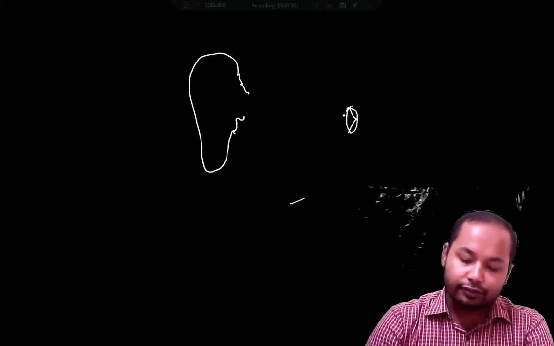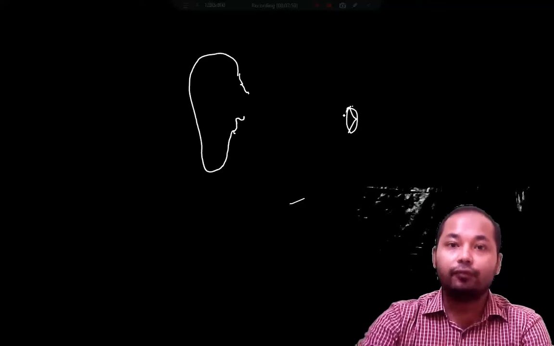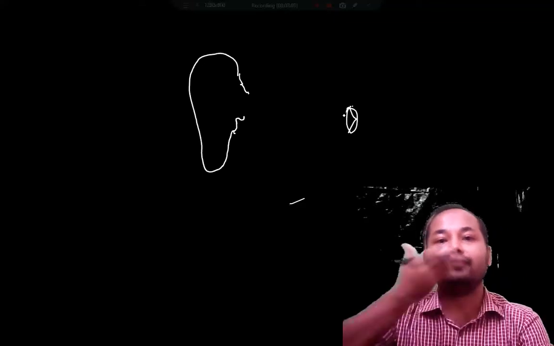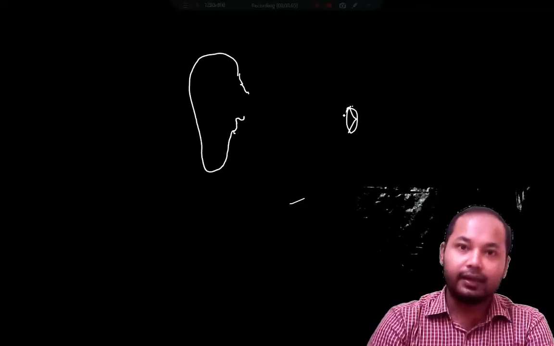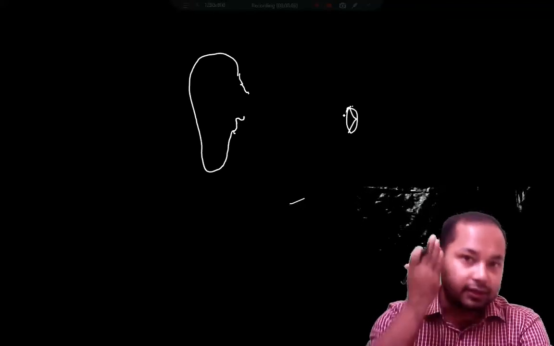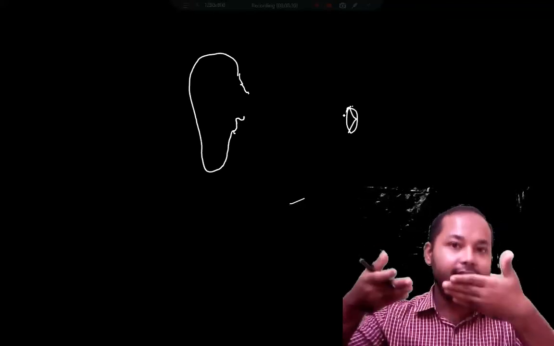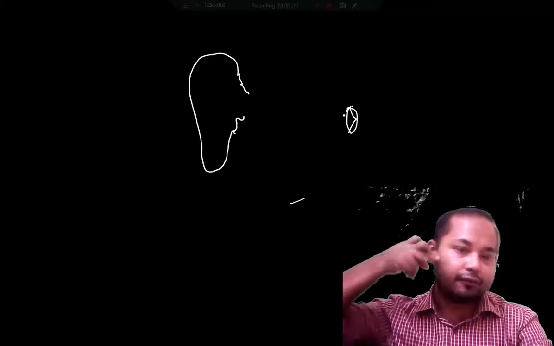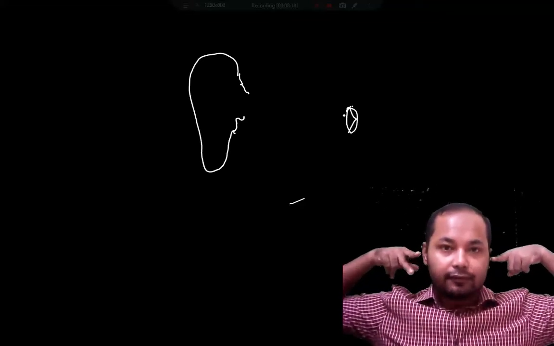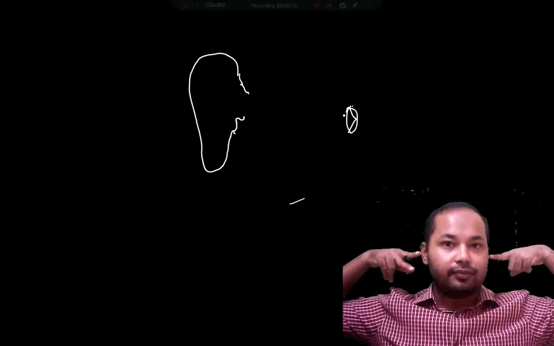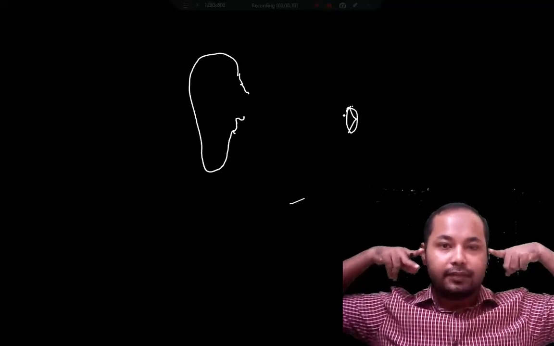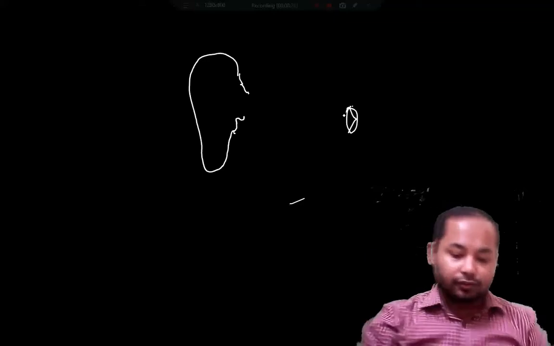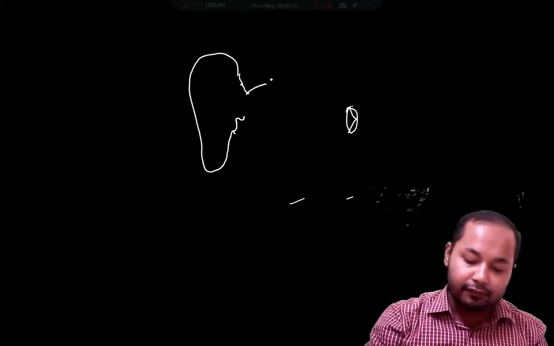I cannot show that it is going forwards, because that would be in the fourth dimension. So just keep it in your mind that it is going forwards, towards the anterior aspect. From the opening of the external auditory meatus, the canal is going forwards, medially and upwards. I'll draw just the upwards part and the forwards part.